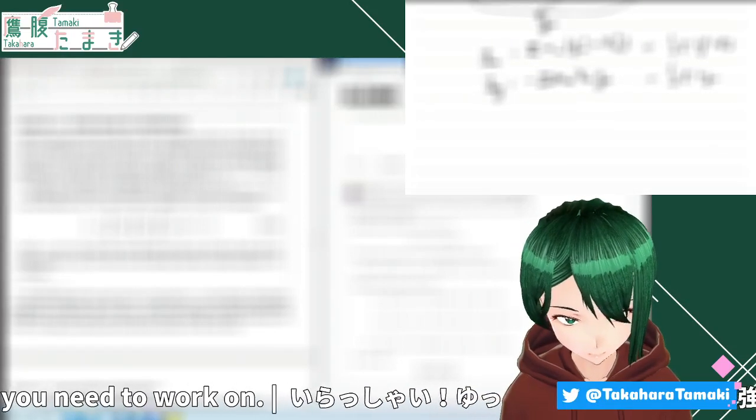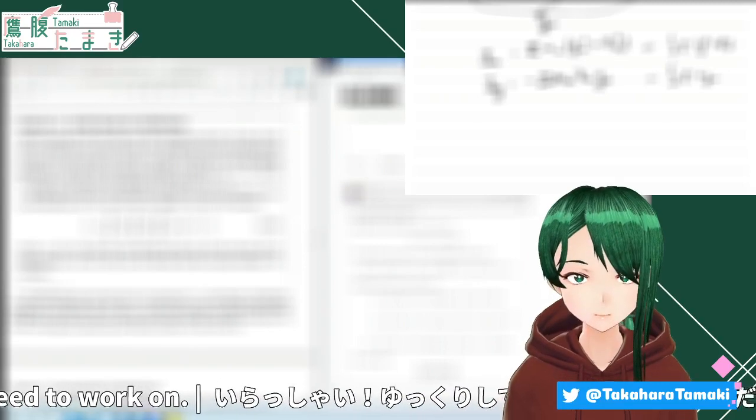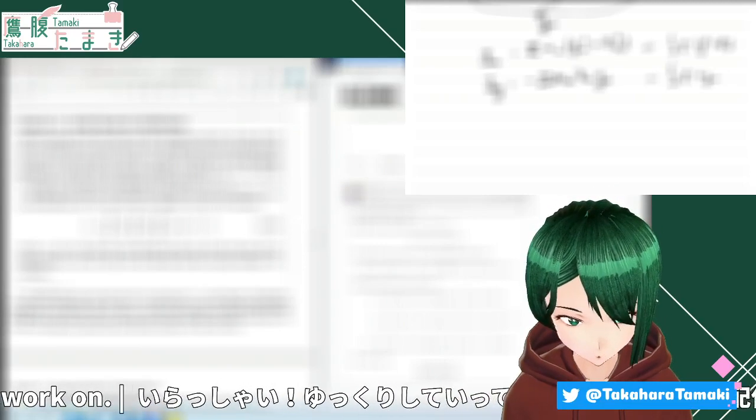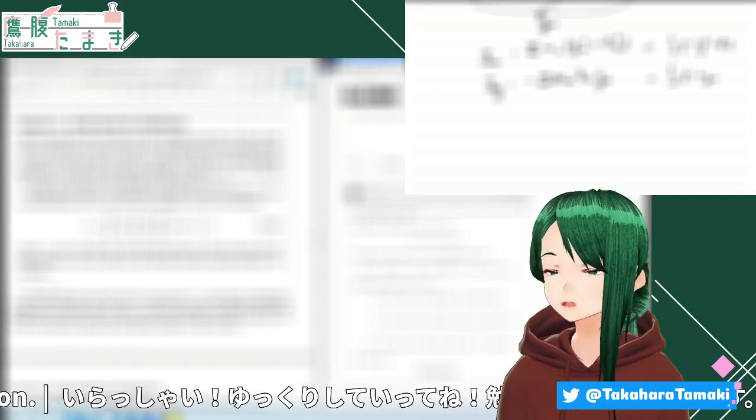Okay, so let's see. So which terms are automatically 0?